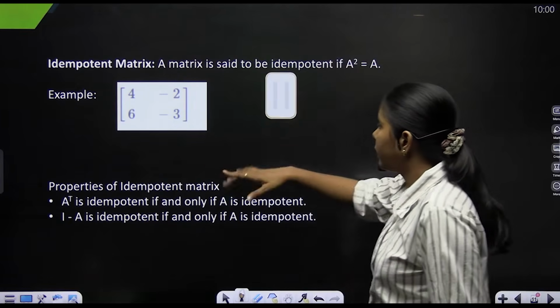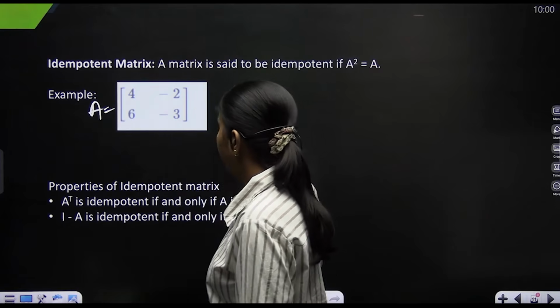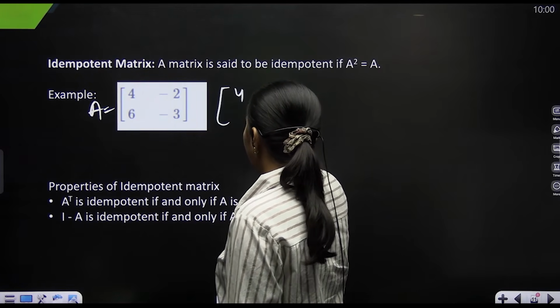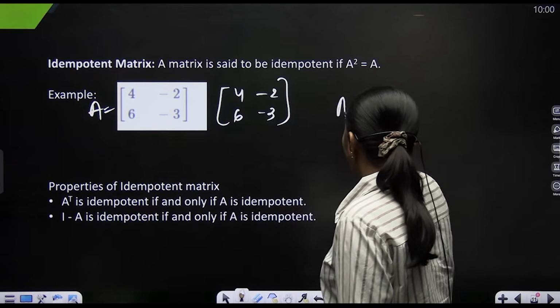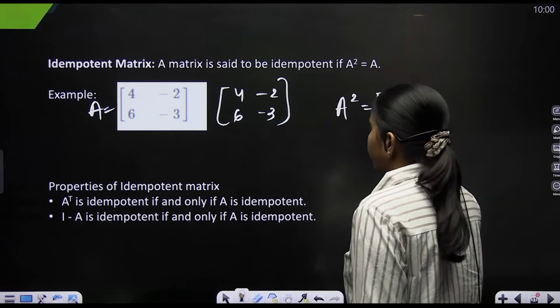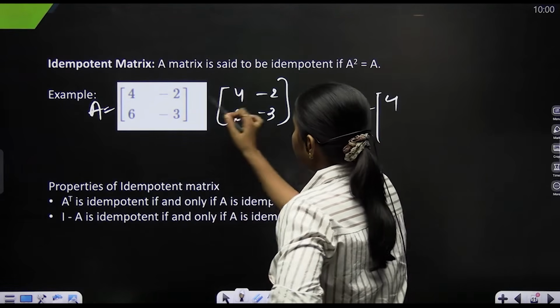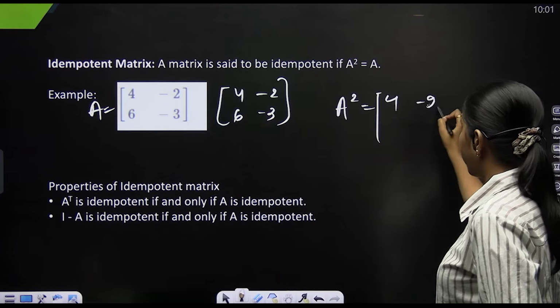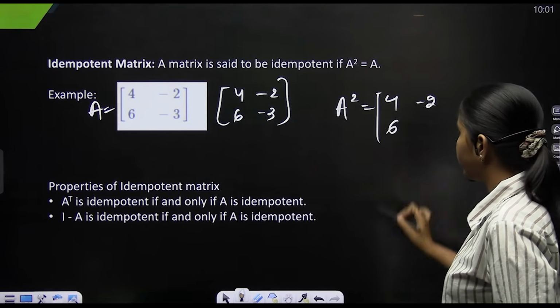If you solve it here, let's say this is my matrix A and I am trying to find A square. So I need to multiply this matrix with 4, minus 2, 6 and minus 3. So what is my A square? 4 into 4, 16 minus 12, I'll get 4. 4 into minus 2, minus 8 plus 6, that gives me minus 2. 6 4s are 24, minus 18, that gives me 6.